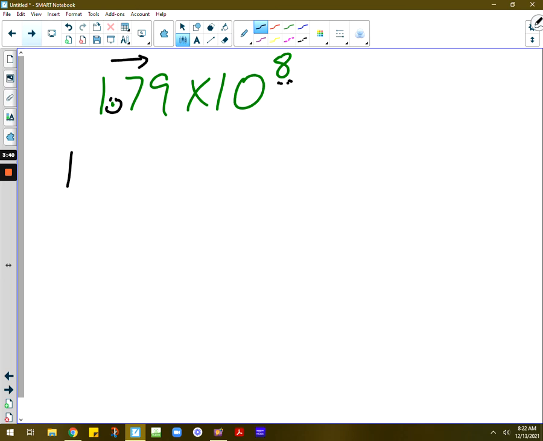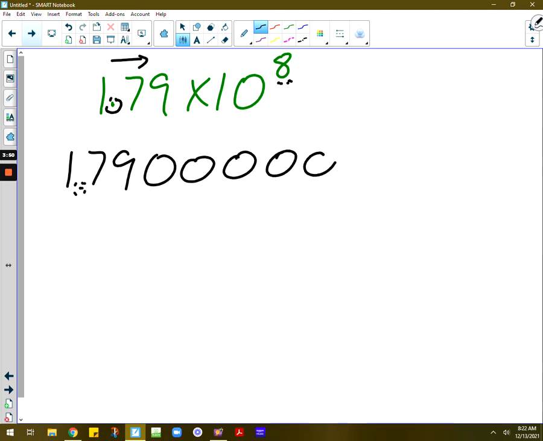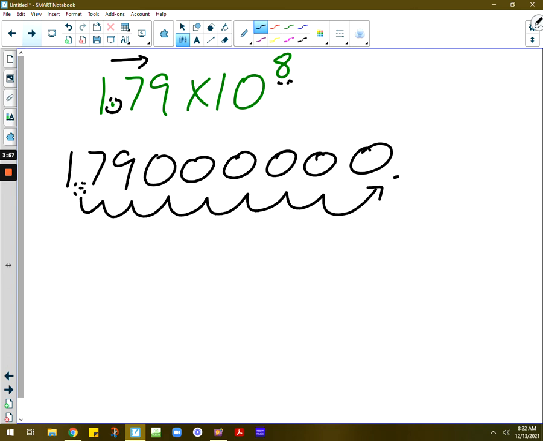So I start with 1, 7, 9, and I've already moved it from here. I jump 1, 2, 3, 4, 5, 6, 7, 8 to get it right here. So that's going to be 179 million.